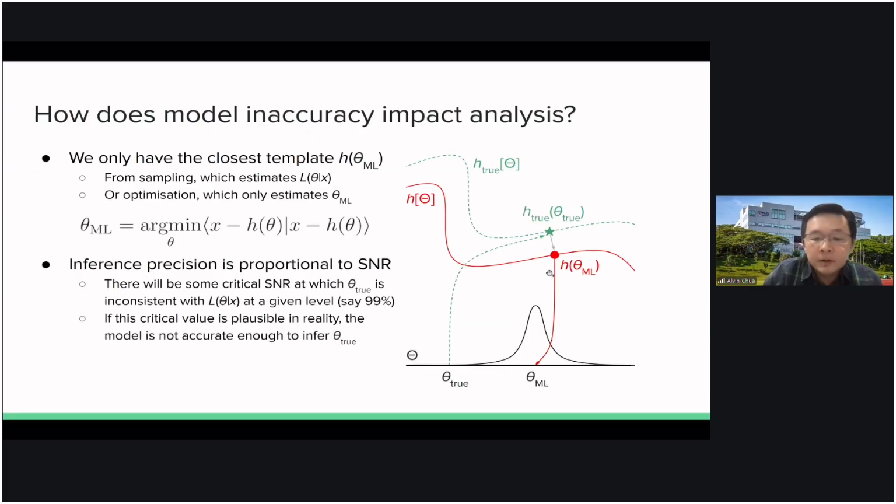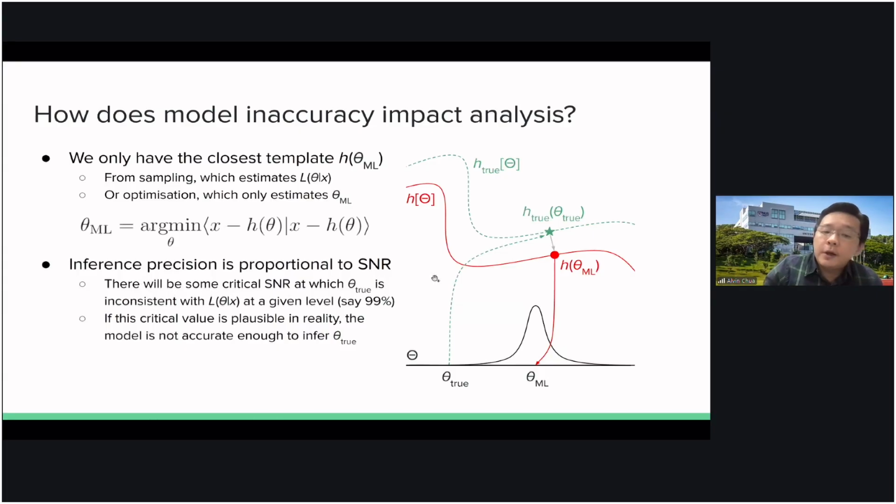This likelihood here, as a density, its sharpness is the precision of inference that you can attain, and this is well known to be proportional to the SNR of the signal.